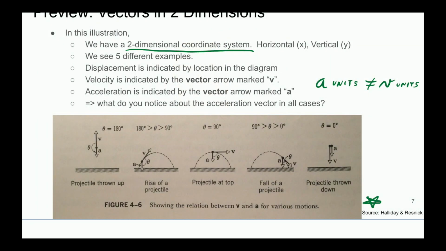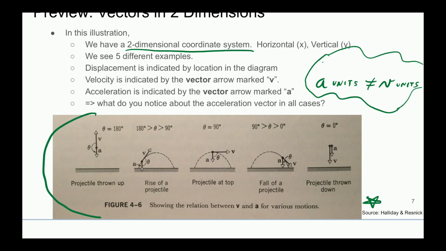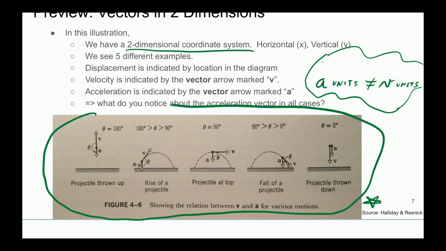What trips us up, though, is that the units of acceleration and the units of velocity and the units of displacement are different from each other. So if you come across a textbook like this one that draws a figure where they combine acceleration vectors and velocity vectors into one diagram, just be careful: you can't compare magnitudes of an acceleration vector to magnitudes of a velocity vector.